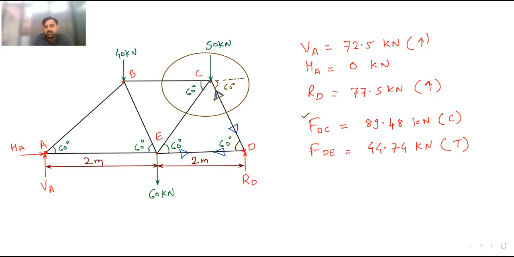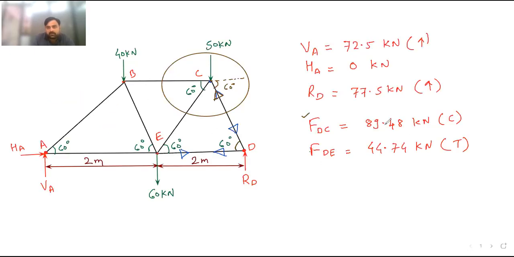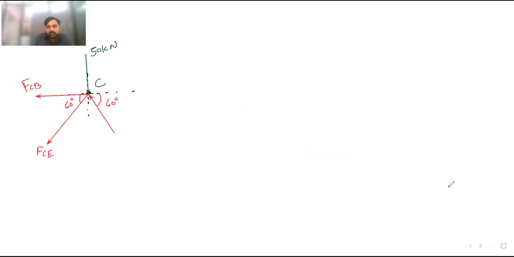So this is DC, and I will draw that. It is compressive. So here, this is the DC. This angle is 60 degrees, and this is 89.48 kilonewton. So this is the free body diagram of C. I will write here FBD of joint C.